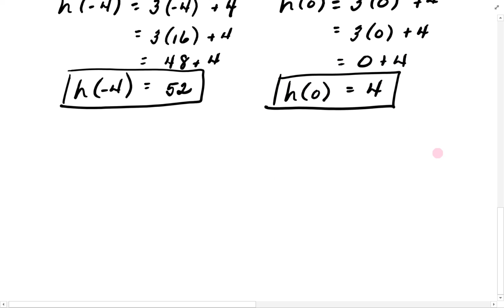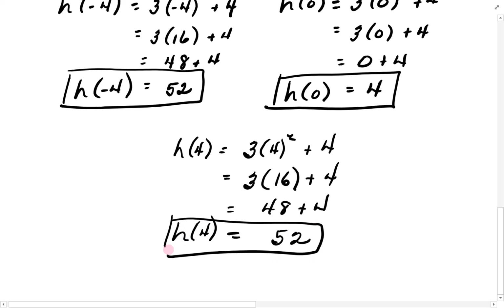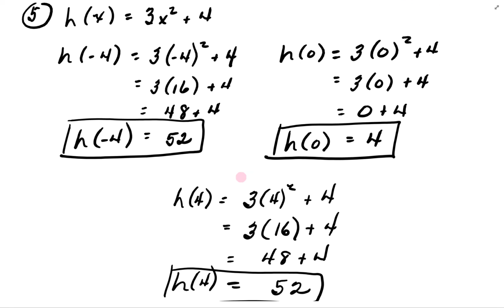Finally, it asks for h of 4, so that's 3 times positive 4 squared plus 4. That's 3 times, it's still 16 plus 4. That's 48 plus 4, which is 52. H of 4 is 52. So there are my 3 values that it asked me to do.